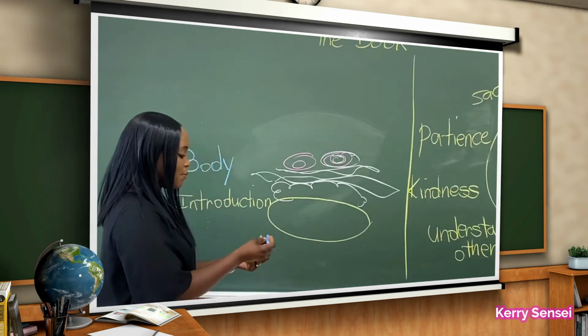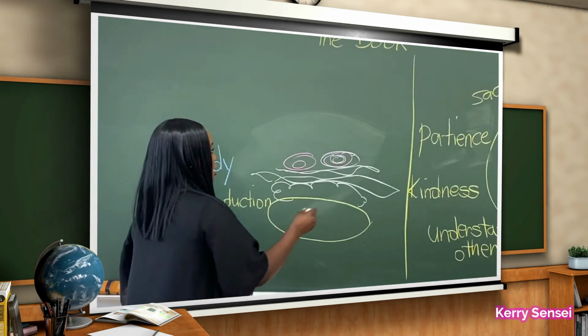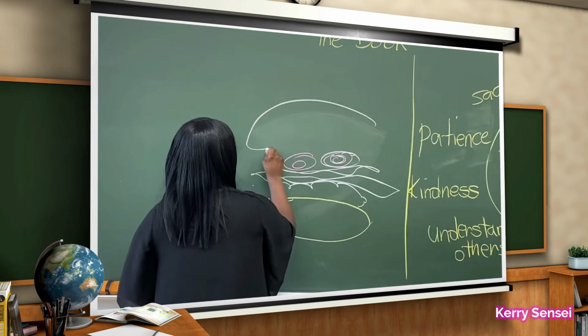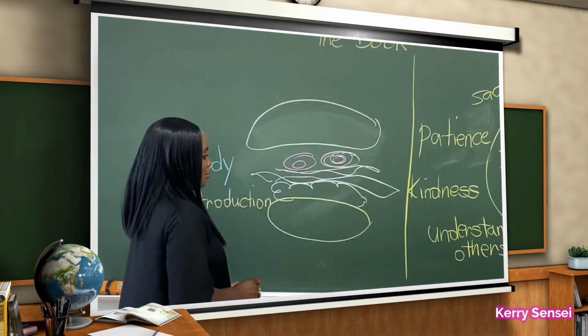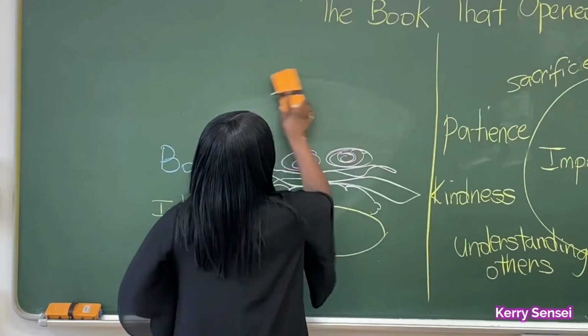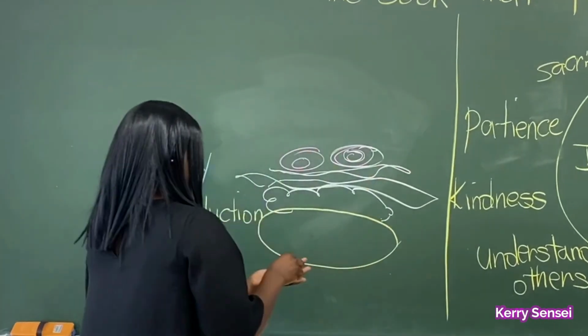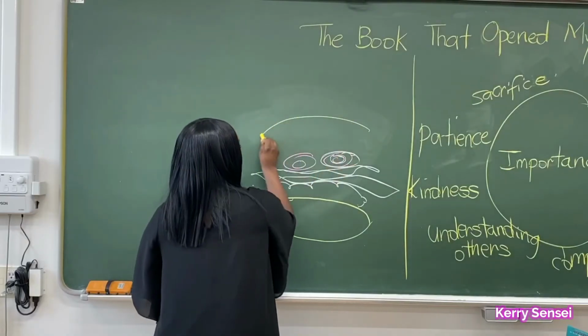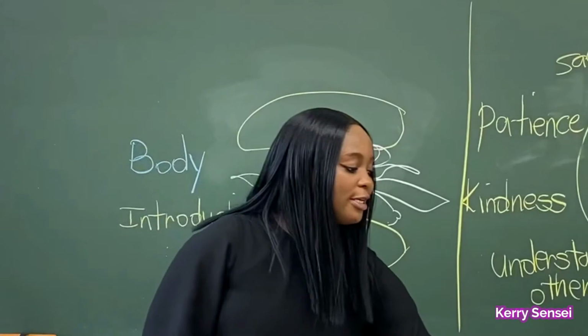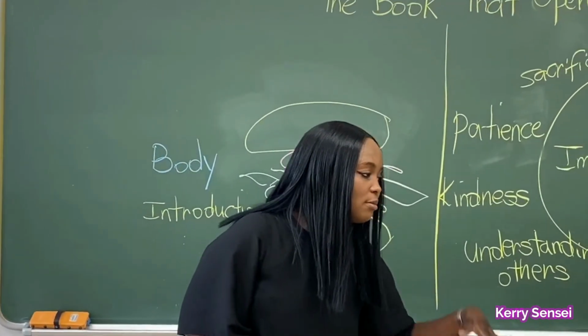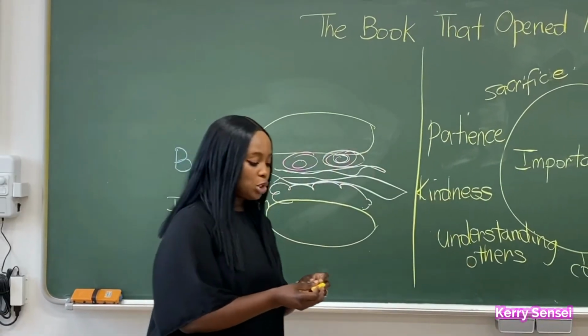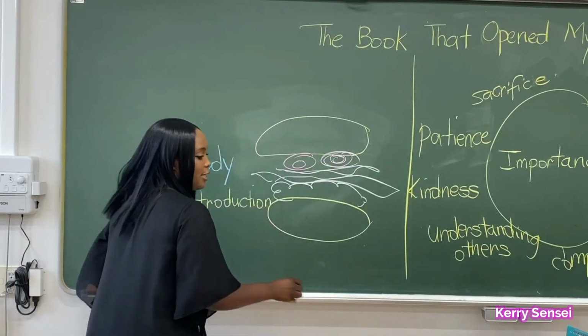And then the final part of the essay is, of course, the bun. All buns are not equal. And this part of the bun is the conclusion. It solidifies the essay.